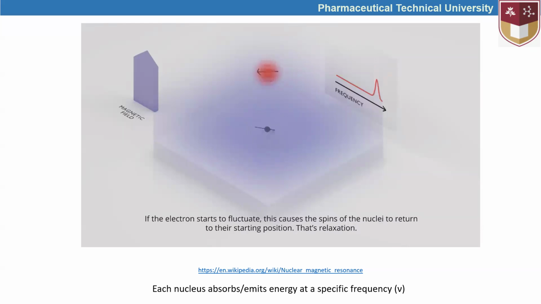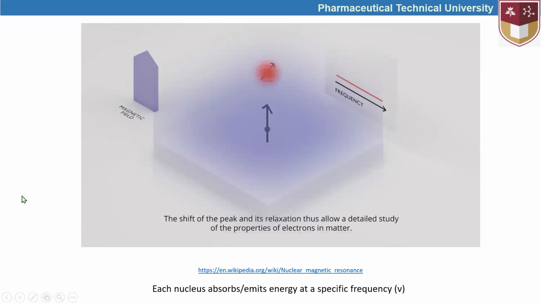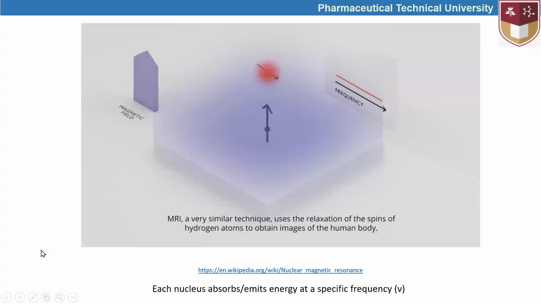Okay, here we can observe this kind of action that the frequency disappears. So this is the point that determines the NMR. Magnetic resonance imaging, a very similar technique, uses the relaxation of the spins of hydrogen atoms to obtain images of the human body.